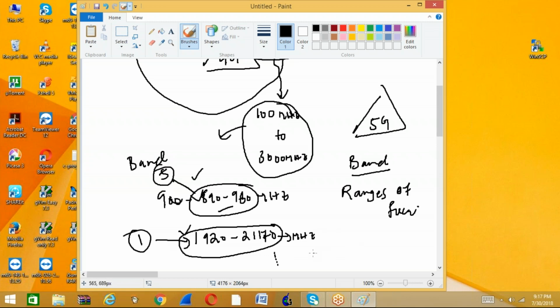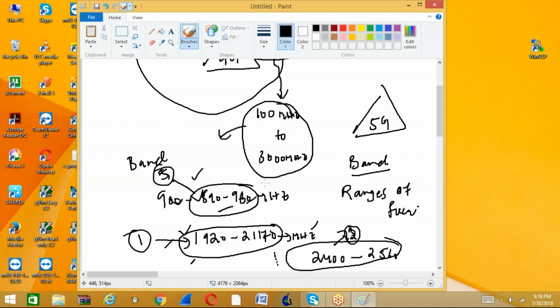For one more range, maybe 2400 to 2560, I'll give number 2. So 1, 2, and presuming this is 3. Whenever I say 1, you should understand it is 1922 to 2170, just like when I say Rao, you know he is Sai Venkata Prasad Rao.